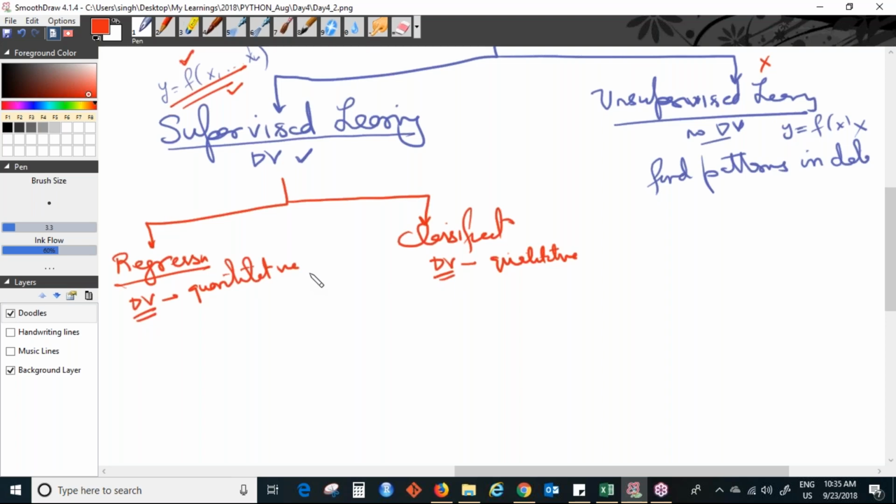So for example, sales of a company. Sales of a company may depend on the number of countries it works in, the products it has, the marketing budget of the company, and so on. So what do you think this is? Is this a regression problem or a classification problem?